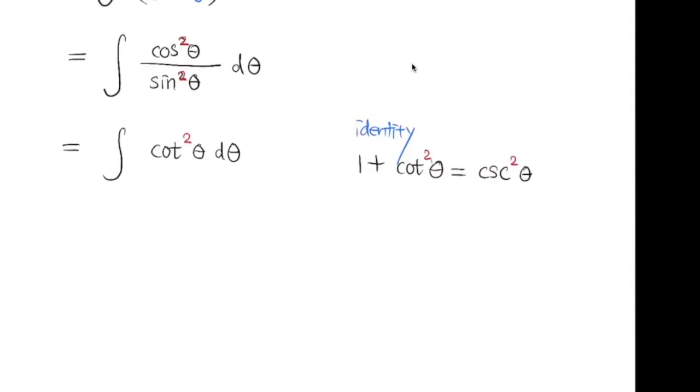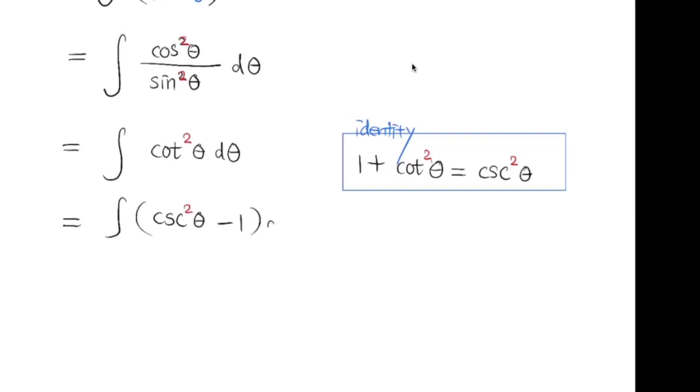This is not used very frequently, but it's one of the identities. So I'm thinking I should relate this with cosecant squared because we know the antiderivative for cosecant squared of theta. So this will become cosecant squared theta minus 1, then d theta.